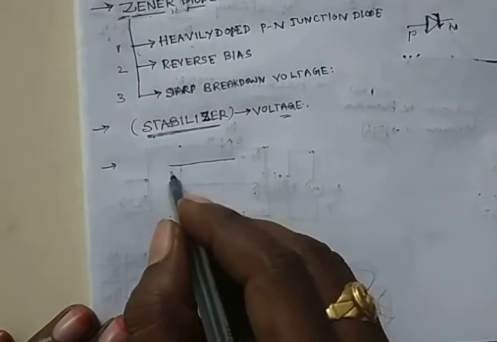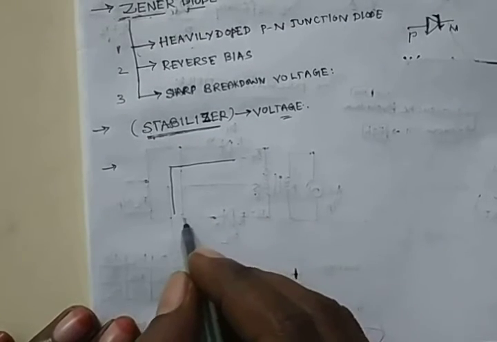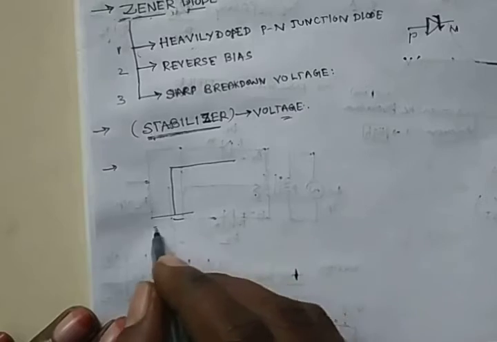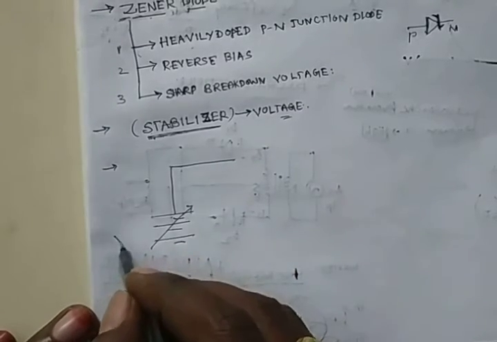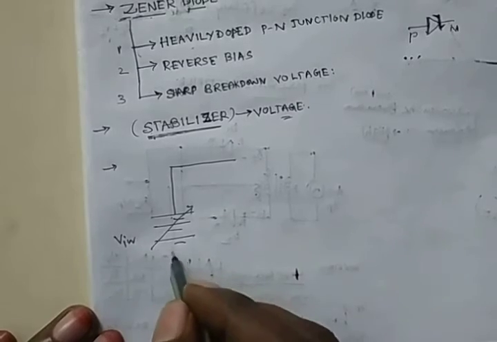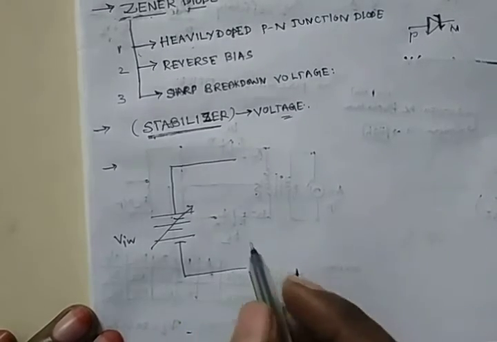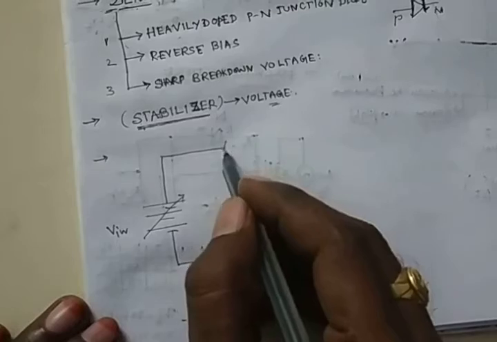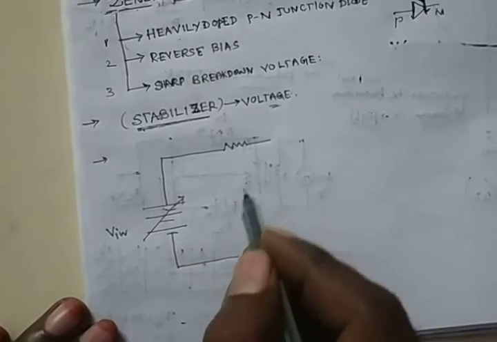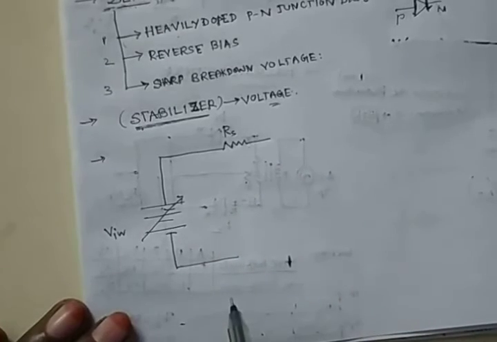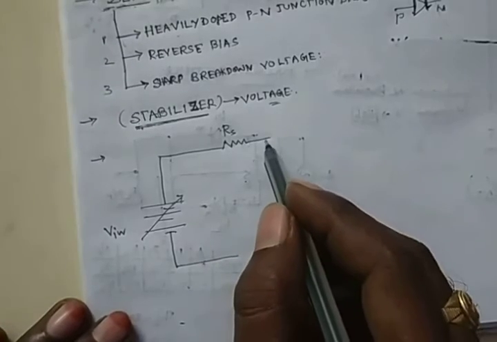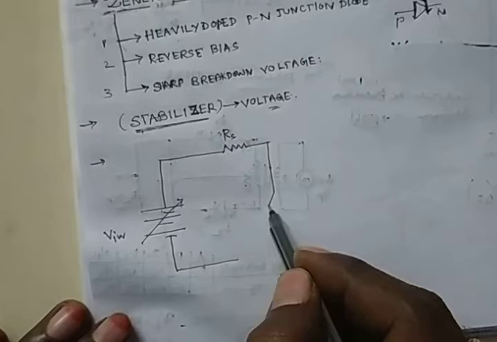Now see the circuit diagram. The circuit diagram consists of a variable input voltage. This is connected to a series resistance, RS, called the series resistance.